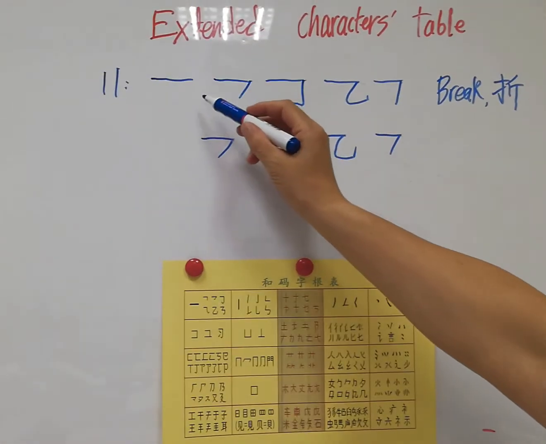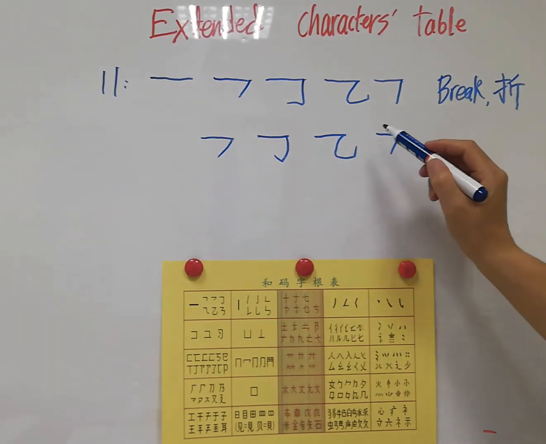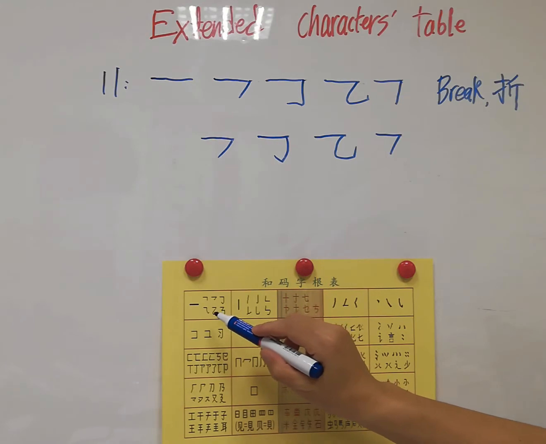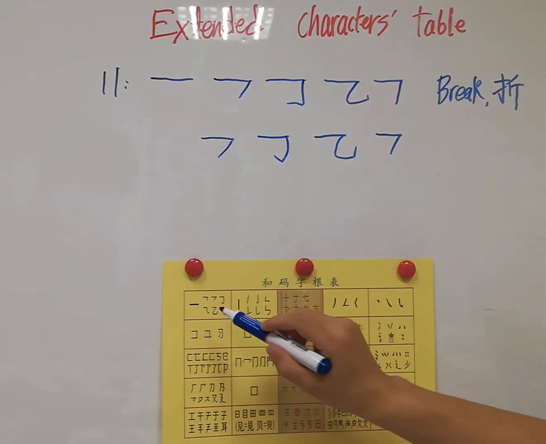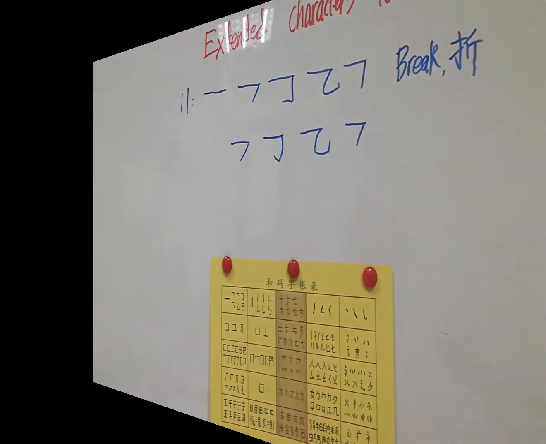HeChin stroke and all its extensions are all put together in the extended table here. They all have same code of 11.